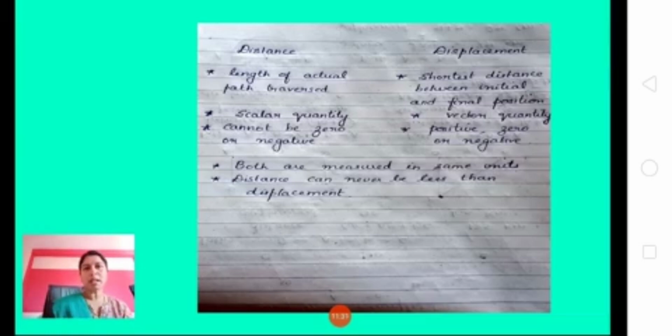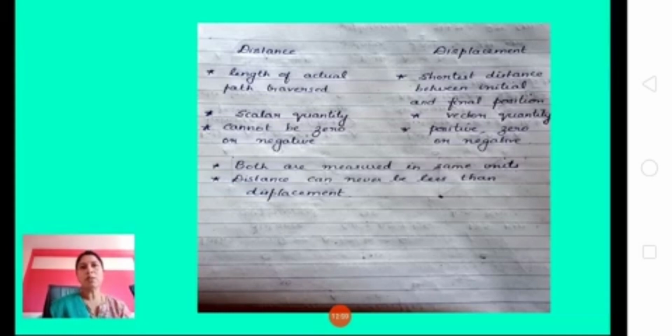If I say that the person has covered 20 kilometers, I have to specify in which direction, whether it is towards the east, towards west, north or south. So whenever we specify a direction, that is termed as vector, and whenever we specify only the value and it has got nothing to do with the direction, we term it as scalar. So distance is a scalar quantity and displacement is a vector quantity.